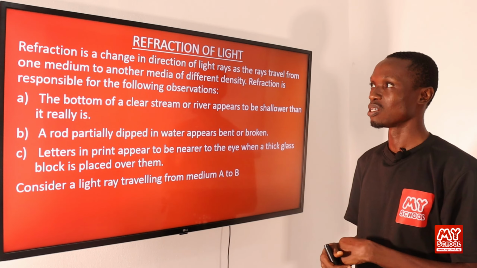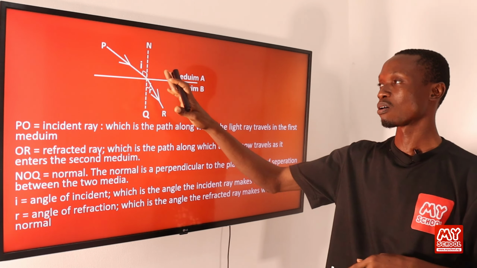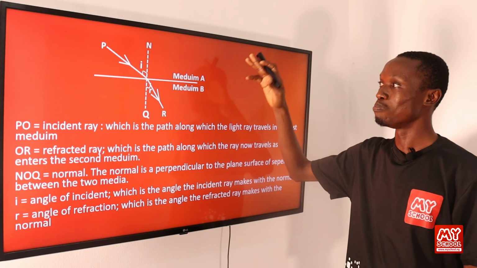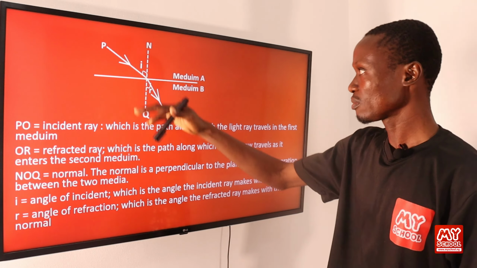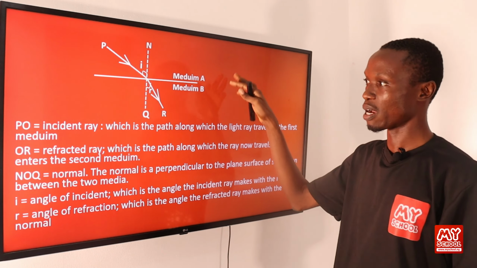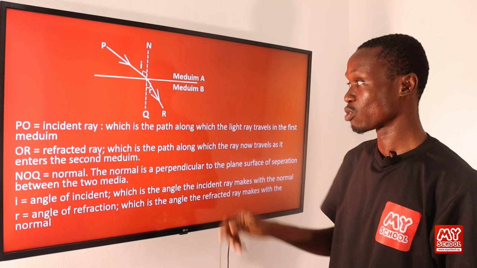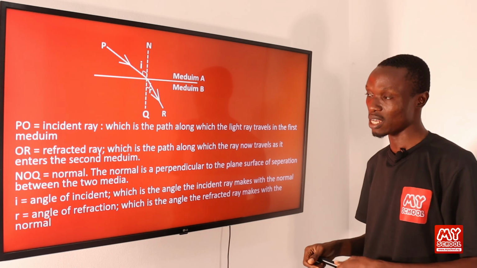Let's move to the next slide so that we can see the graphical representation of that. This is a graphical representation of a light ray traveling from medium A to medium B. Let's explain what these letters mean in this diagram. PO represents the incident ray, which is the path along which the light travels in the first medium.